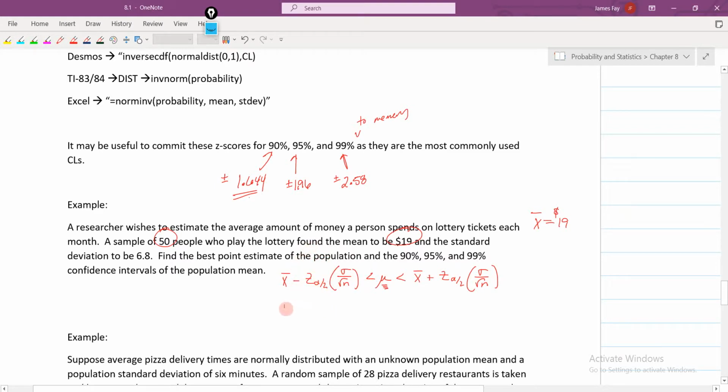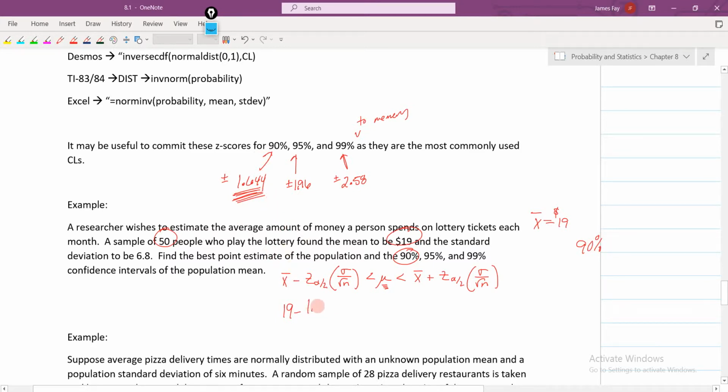So we're going to go 19 minus, and I want to do 90% first. The 90% attached itself to the z sub alpha over 2 of 1.644. That was the z-score.